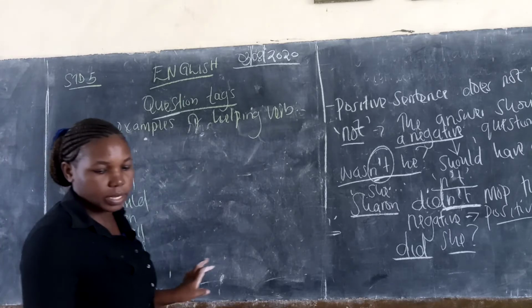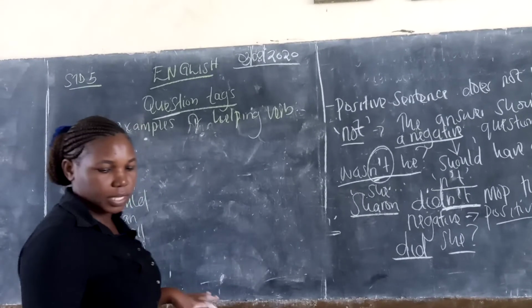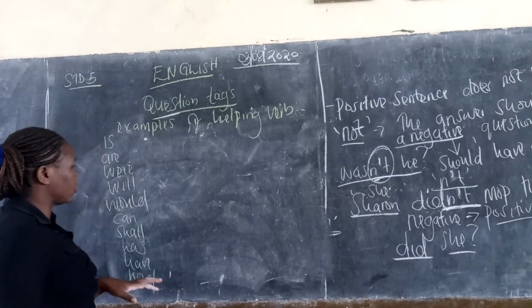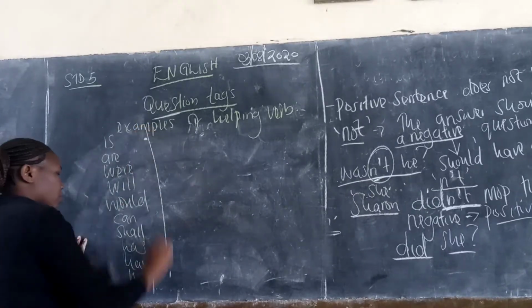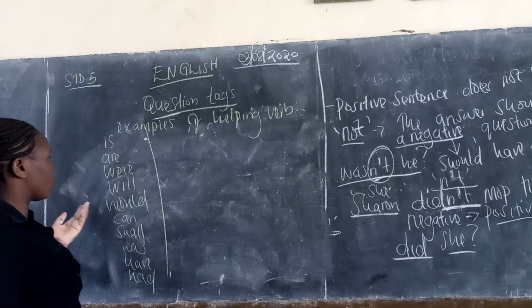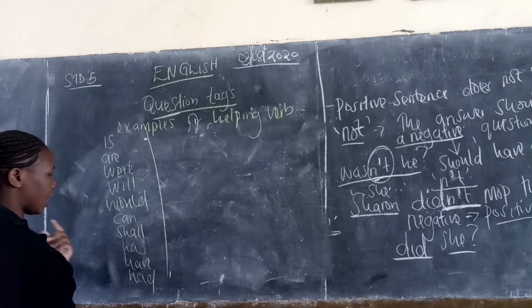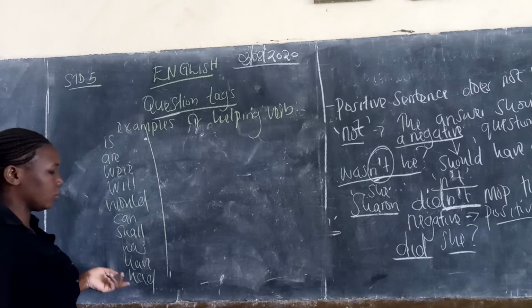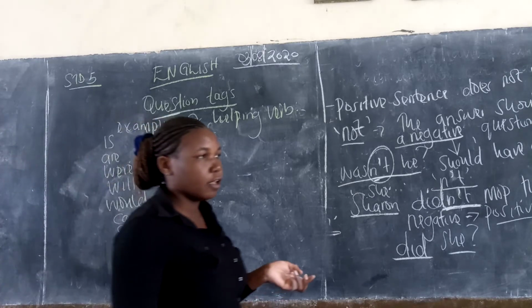All these are helping verbs. There are very many helping verbs, but we are going to talk only about a few: is, are, were, will, can, shall, have, had.